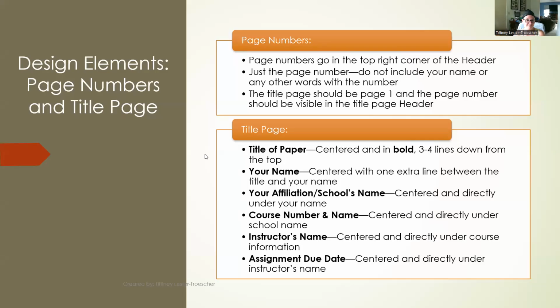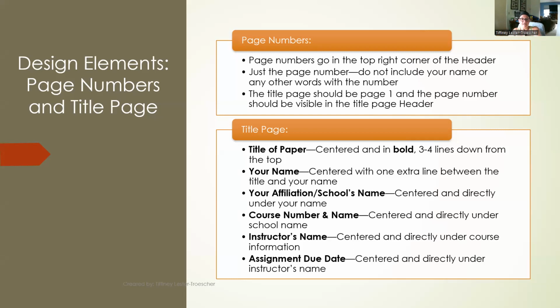The title page. When you first create the page, your cursor is going to be up on the first line of text at the left margin. You're going to center, and then you're going to click enter 3 or 4 times so that you're starting a little further down on the page.